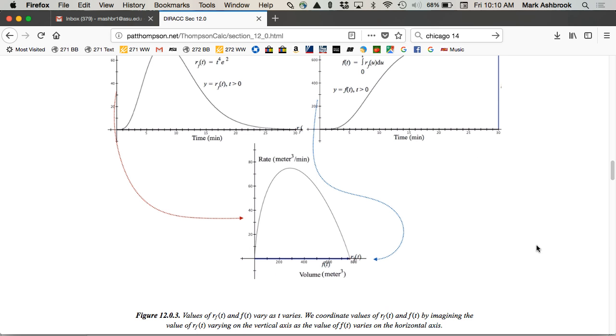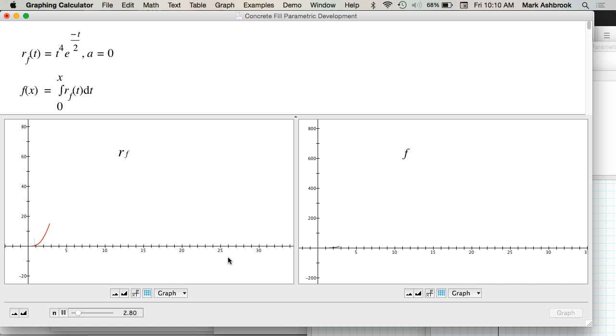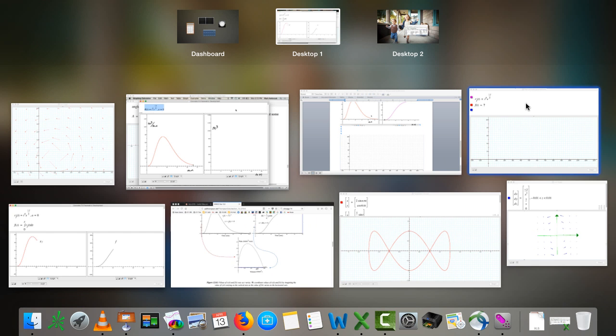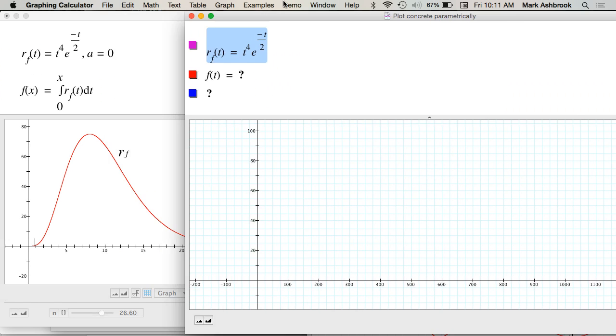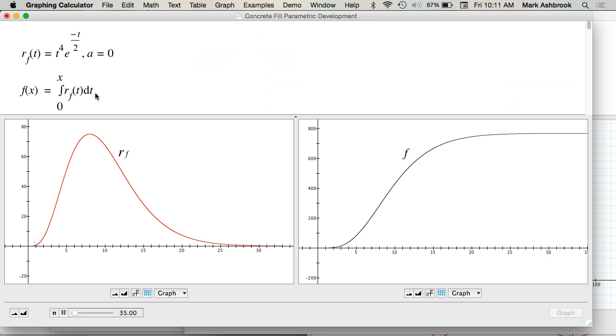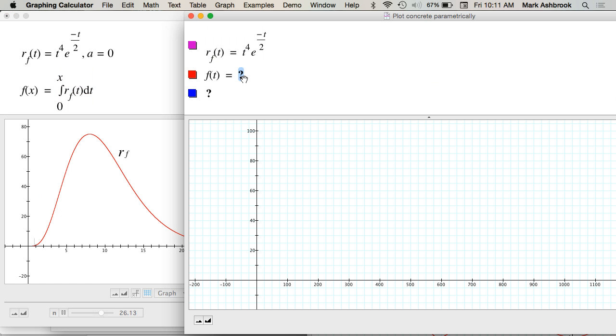Okay, so let's talk about graphing these things in GC. So what did we say? Okay, so now I've got my independent variable here as t.